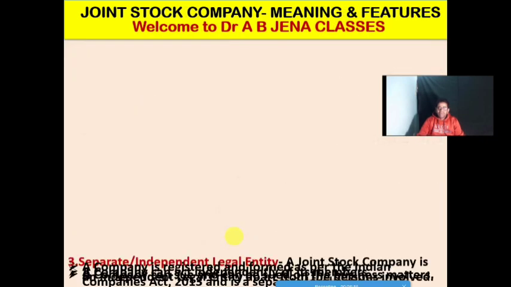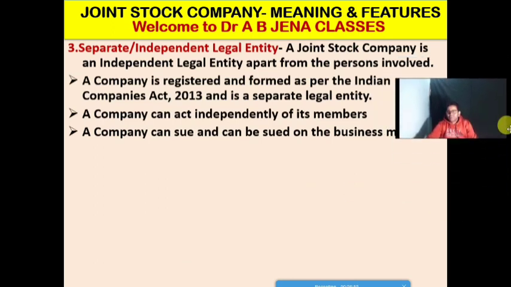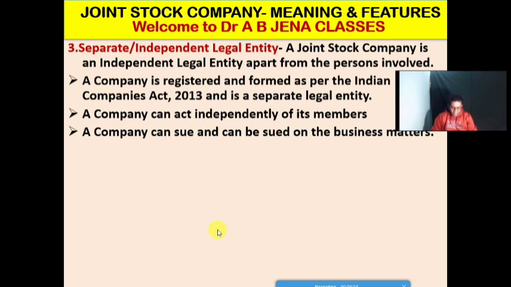So the next feature, or the nature of a joint stock company, is that it is a separate or independent legal entity. A joint stock company is an independent legal entity apart from the persons involved.